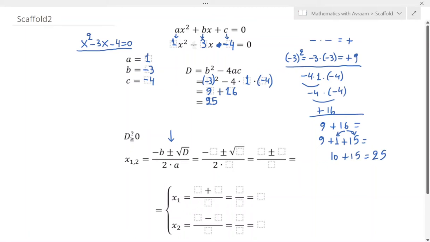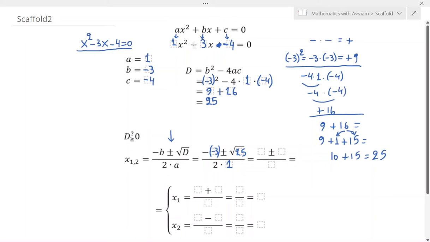B, that's here, it's minus 3, this minus is this one from the formula. So we have to put a parenthesis, minus 3, and we're okay. The discriminant, we found it. It's 25. And also here we need A, but A is 1. So we're done for this part.